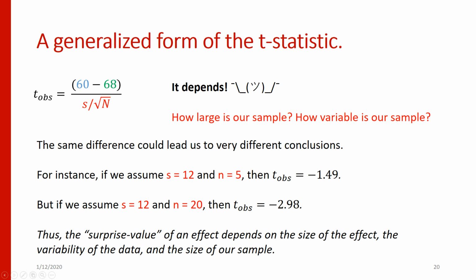So large effects, small variability, and large samples all lead to big t-values. Small effects, large variability, and small samples all lead to small t-values, right? And so there are lots of trade-offs in what we have to study. So if we expect an effect to be small, we probably need a lot of data in order to see it reliably. But if we expect an effect to be large, we might need a lot less data in order to see it reliably.